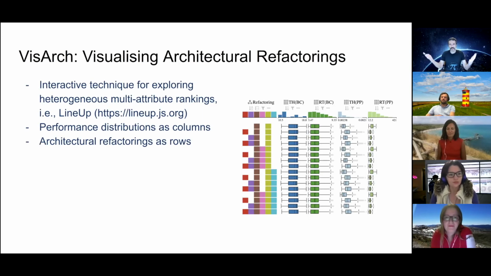So here is a snapshot of how this visualization looks like. In each row, you see a different refactoring solution, and in the columns, you see some distribution about different performance metrics, for example, throughput, runtime, and so on. So basically, this visualization helps the architect to reason about performance through the uncertainty of these performance estimations.